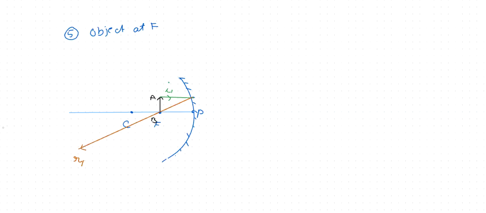Now what do I take as I2? Let me take it passing through the C, the center of curvature, like we had done when we had placed the object between C and F. This time also we'll make the second one go through C. So this is the head of the object. I'll take it like this.